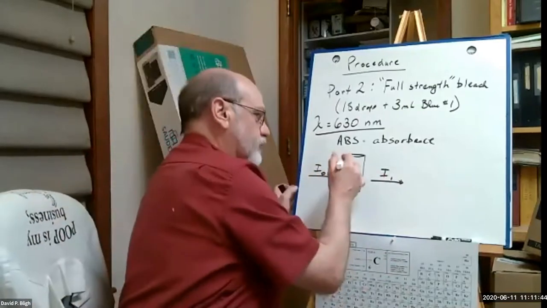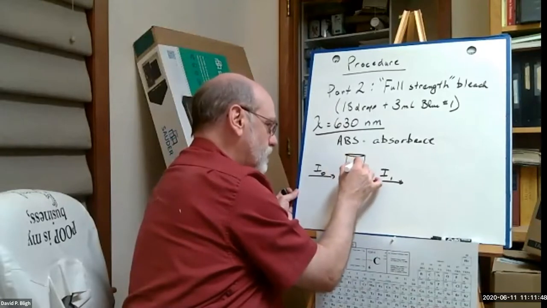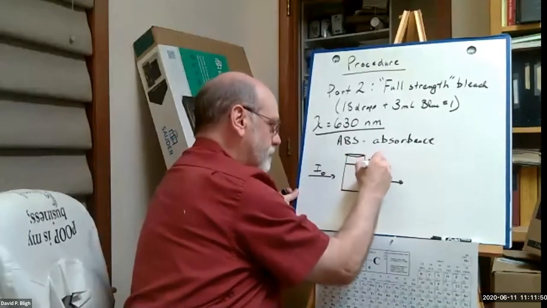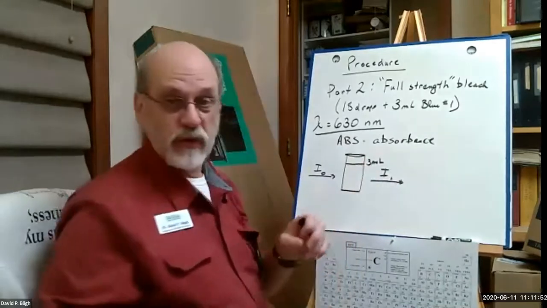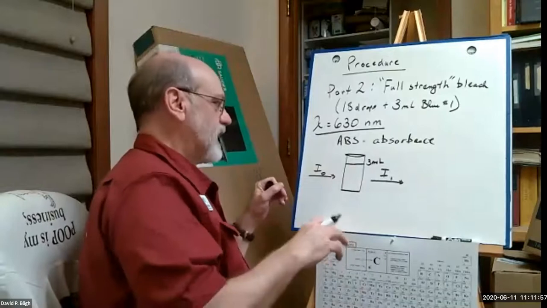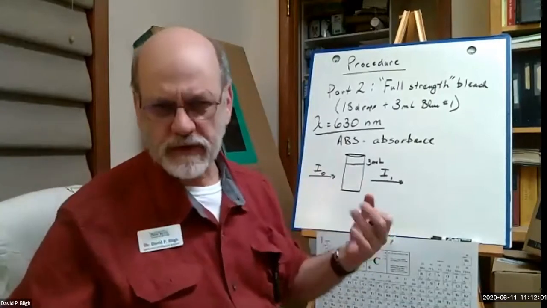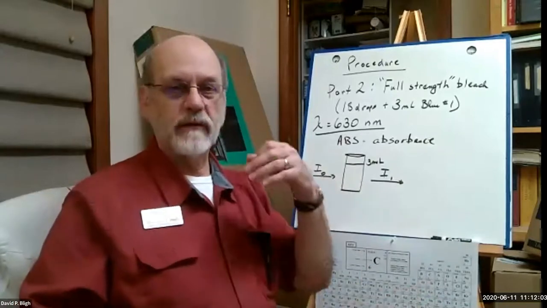So you're going to put exactly 3 milliliters of the blue dye solution that's been diluted for you. Well, first you're going to put 3 milliliters of water and blank the instrument.